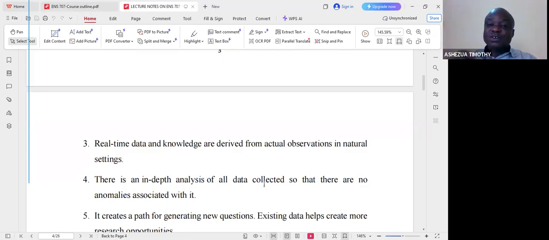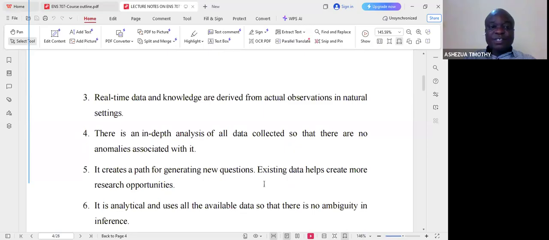If you sit in your house and cook up data, you just write anything of your choice, I tell you, your result will be wrong, your interpretation will be wrong, and the end users will not make good use of the result. So whatever data you are collecting, ensure that you read data from the field.